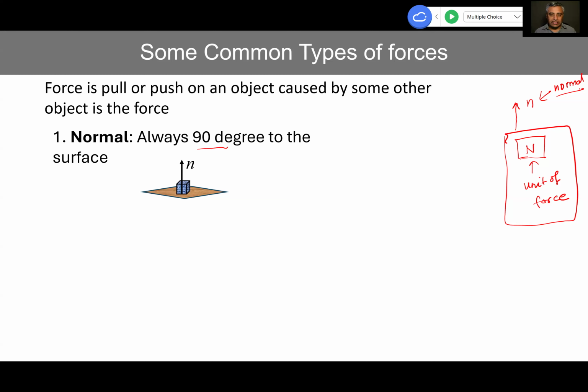Similarly, the unit of force is what we call the Newton, and it comes from, of course, the name of Isaac Newton. See how when we write the name of a person, we start with uppercase N, right? So this is Isaac Newton, and this is the unit of force.